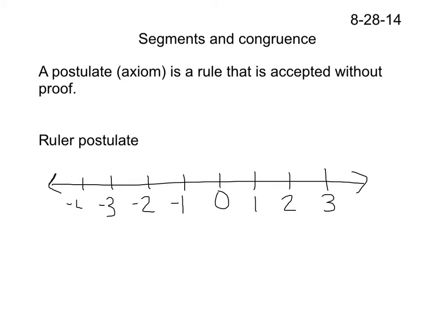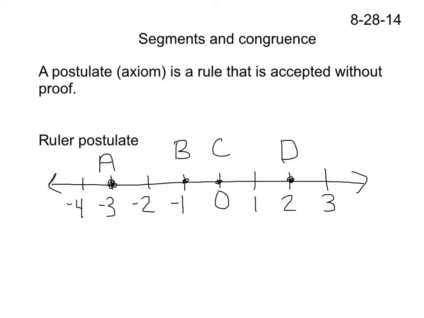Now you see we have a number line right here, and these numbers at the bottom are representing coordinates. They're going to be locations that our points are at. So let's say we have point A right here, we have point B right here, C is at 0, and then down here we have D at 2.